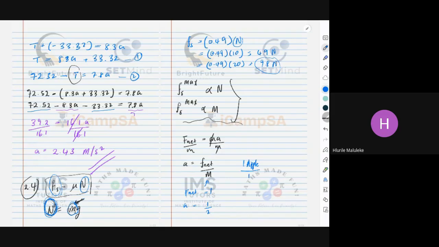So in technical terms, your acceleration is inversely proportional. Inversely means there is a division here. The more I increase this mass, the less acceleration I have. So in case this also comes up, you should know what you're dealing with.